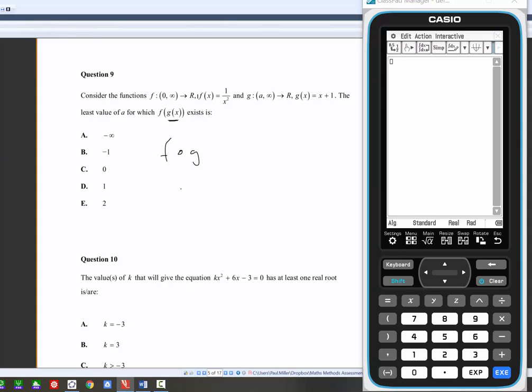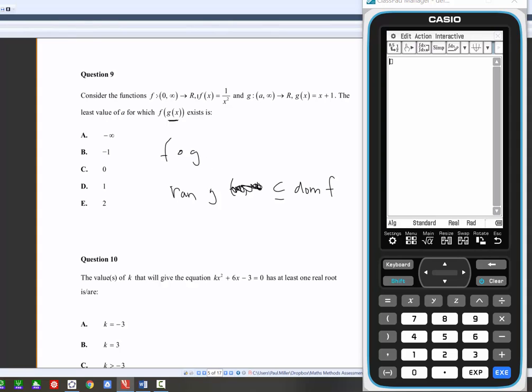We need to note that for the composition to work, the range of g must be a subset of the domain of f.